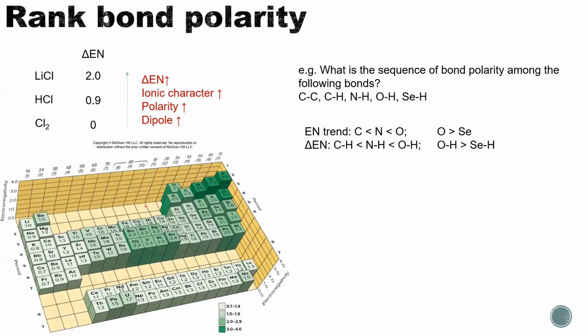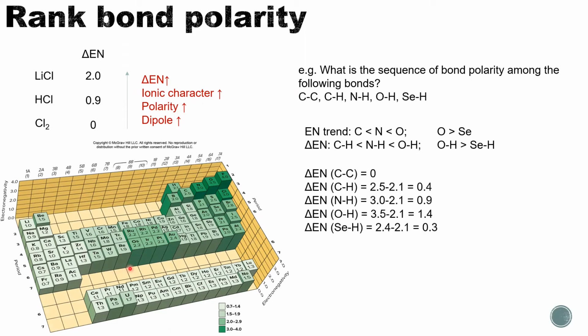We can get those values from the figure provided in the textbook and then calculate the difference. Just do subtraction.